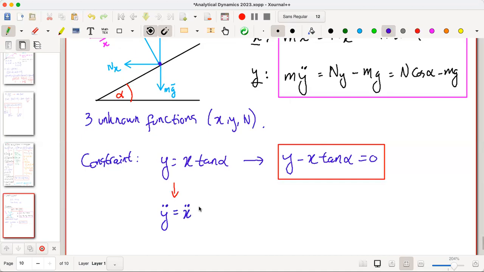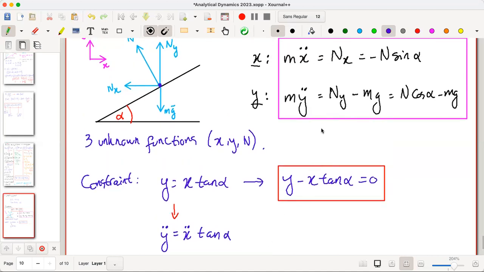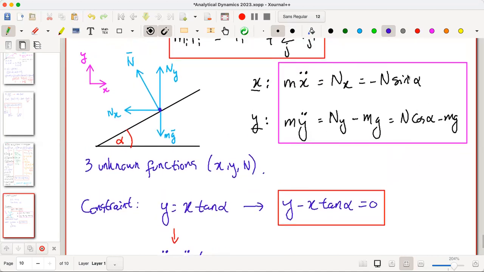Since alpha is a constant, the derivative doesn't do anything to the tangent alpha. The tangent alpha is just a constant coefficient here. Right, so now instead of having 2 equations of motion, we only have one.